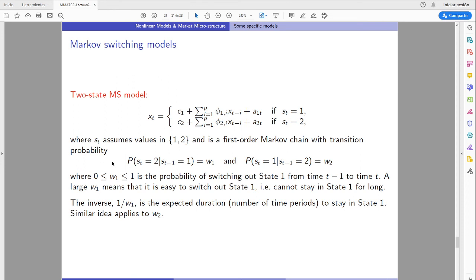It's a variable that can go from 1 to 2 and from 2 to 1 with certain probabilities. And thus we don't have intervals, but instead realizations of this variable. And so, of course, the inverse of this probability is the expected duration, the expected number of times that you are staying in state 1, and the same for state 2. That's an elementary property of Markov chains.